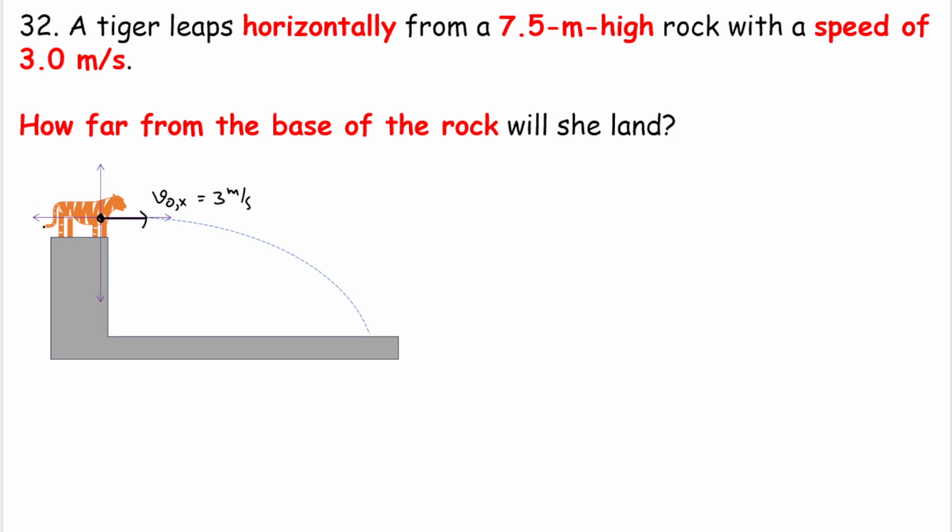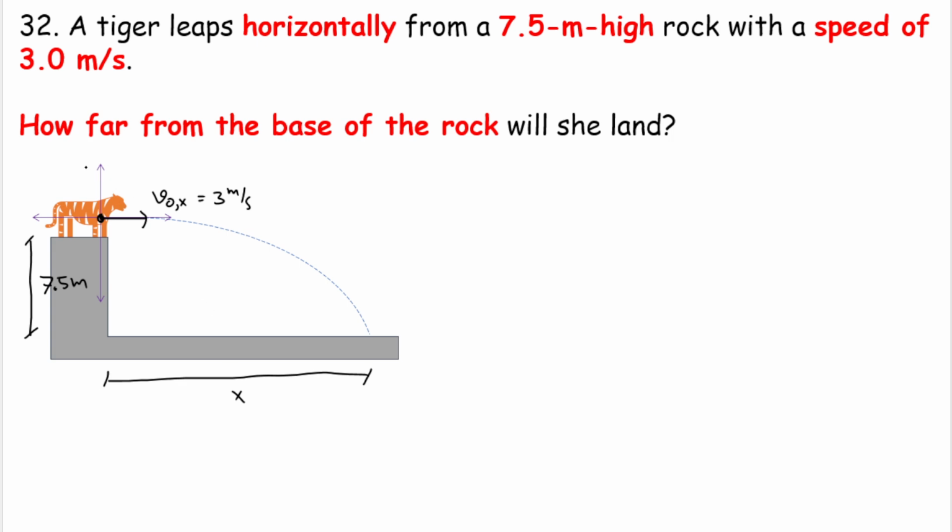And this rock is 7.5 meters high, so we will have this one here that will be 7.5 meters. And then we are looking for this distance here, so let's name this distance x, because it is a horizontal distance.